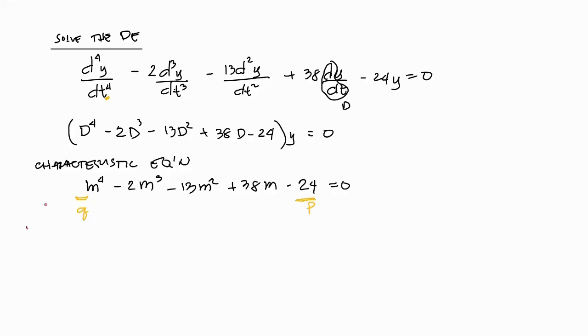The roots can be found using synthetic division, and let's use numbers p over q, wherein we need to identify the factors of p and q. For p, our negative 24, we have plus or minus 1, plus or minus 2, plus or minus 3, plus or minus 4, plus or minus 8, plus or minus 12, and plus or minus 24. And for q, since this is 1, we have plus or minus 1.